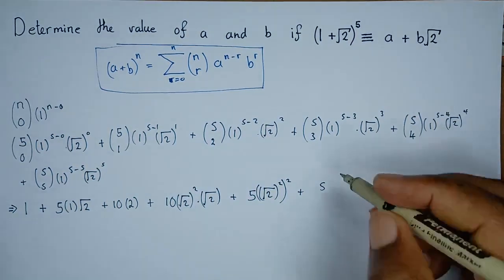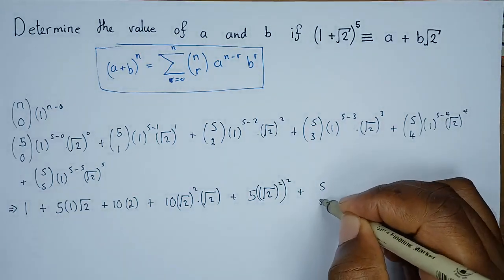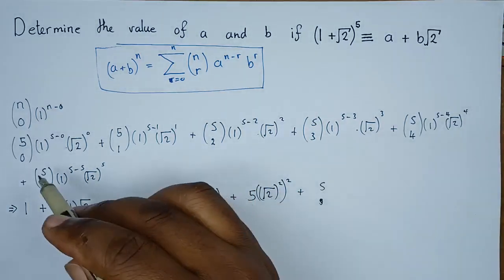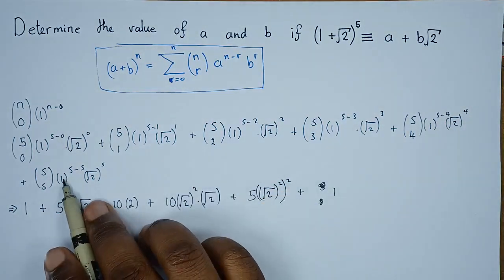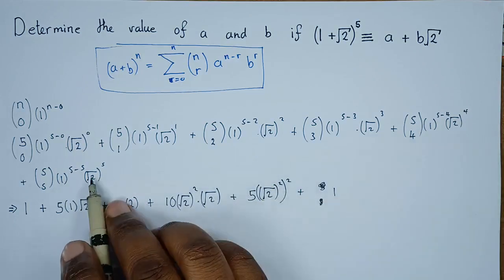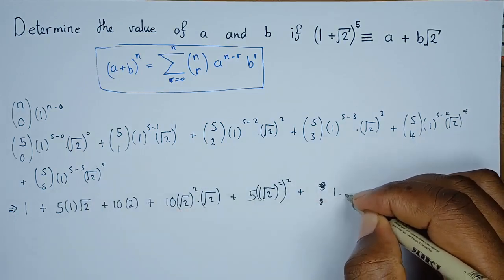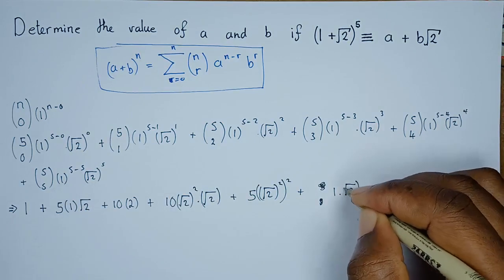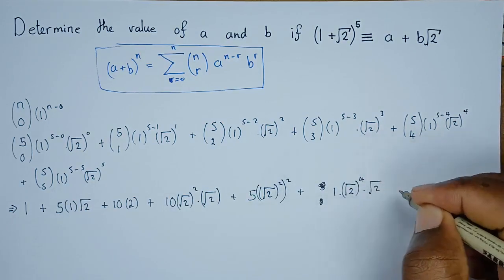So 5 combine 5 is just 1. Then this is just 1. Root 2 to the power 5. So root 2 to the power 5 can be written as root 2 to the power 4, whatever result we'll get here, times root 2.